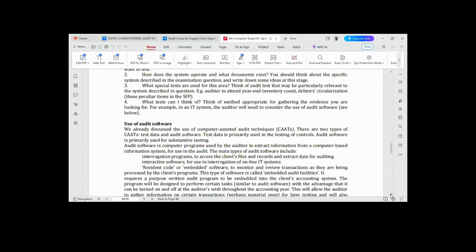you'll be able to extract client files and record for auditing. The second type of audit software is called interactive software. These are mostly used in online IT systems. For instance, you log on to AliExpress, you want to buy something on AliExpress. There is a pop-up box that will come up.